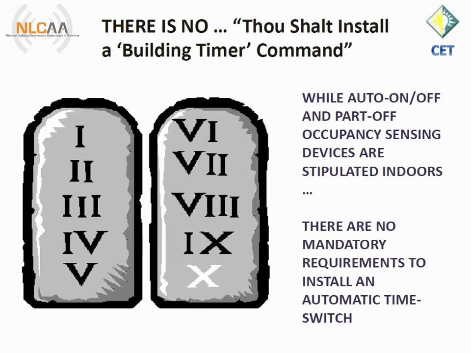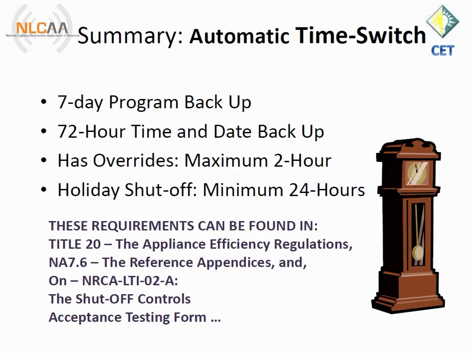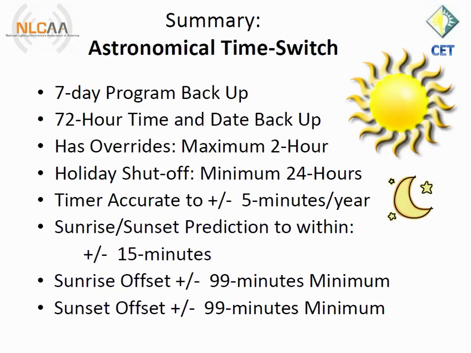Automatic time switches are an option for shutoff control if occupancy sensors are not specified. There are no code requirements for the mandatory installation of automatic time switches indoors. Minimum specifications for time of day and date type automatic time switches can be found in Title 20, as well as the specifications for astronomical time switches.